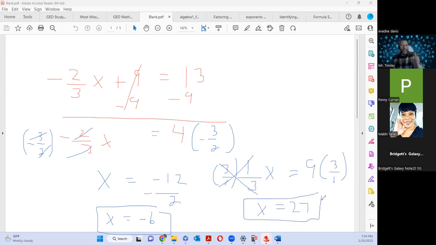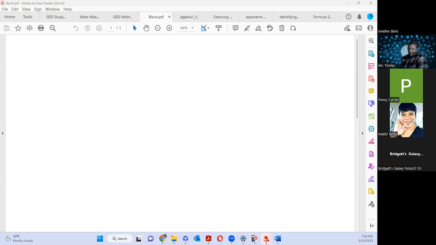So if you ever have a fraction as the coefficient, you multiply by the reciprocal, and that will get x all by itself. Everybody understand that? Learn something new every day.